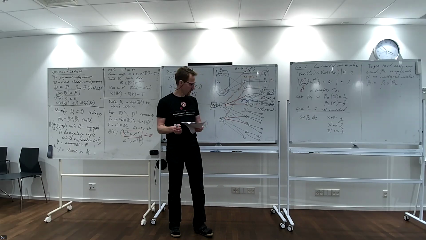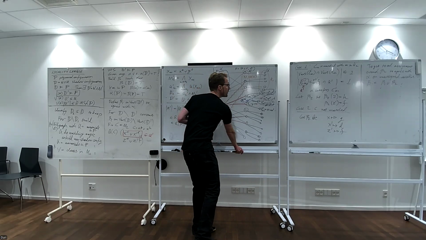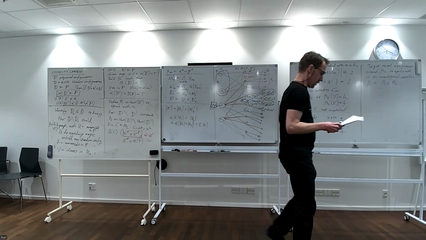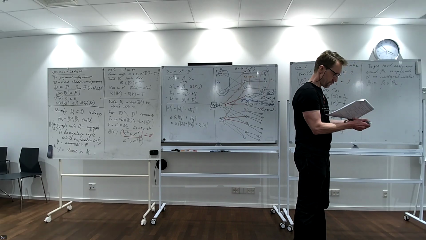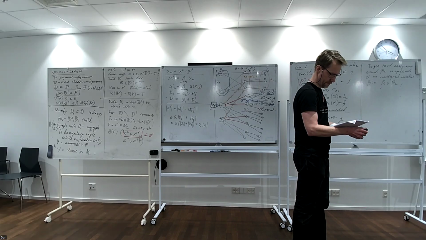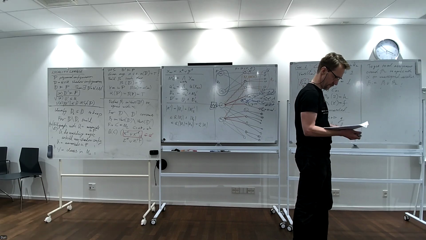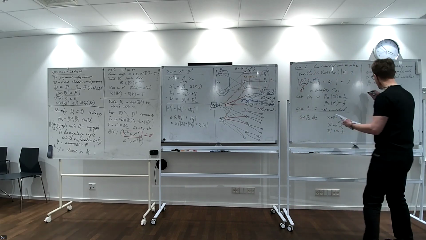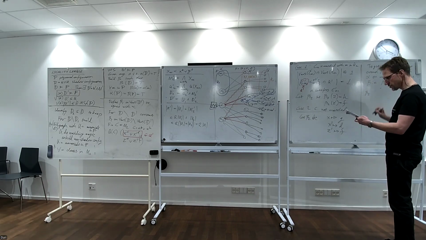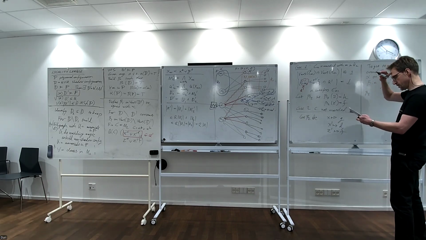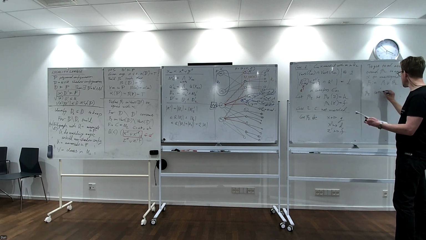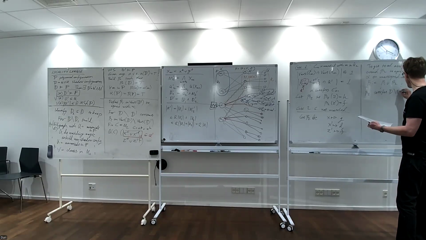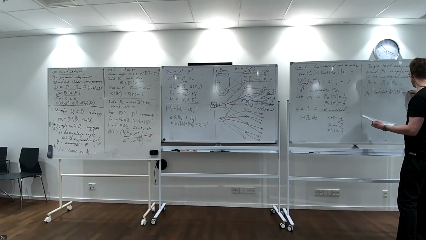Okay, and now we're kind of done, I think. Let's see. Let's look at beta 2. Beta 2 satisfies all of D minus D prime by construction.